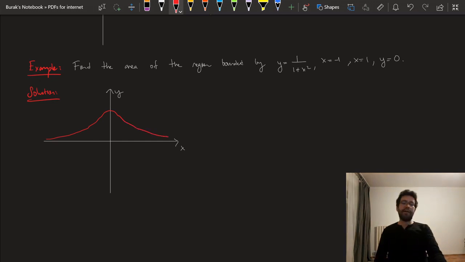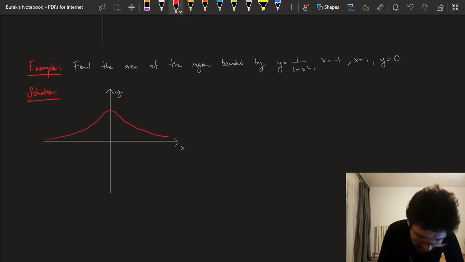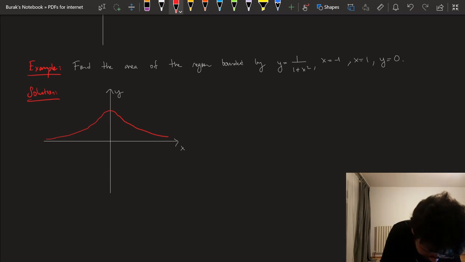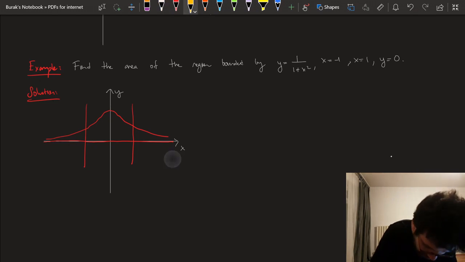If you actually plot it, you'll see that it roughly looks like this. And y equals 0 is the x-axis, and x equals -1 is over here, and x equals 1 is over here. So this is my region. I want to find the area of this.